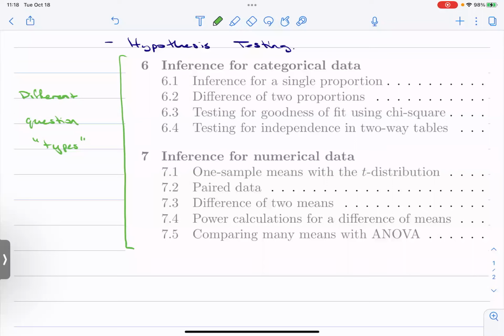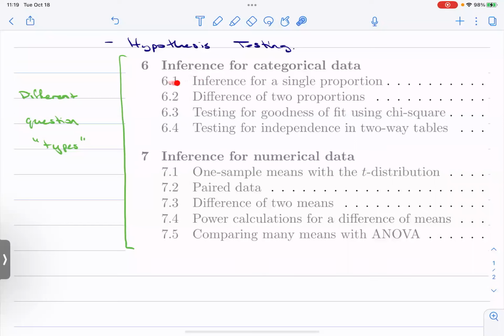So in chapter 5, we introduce all these concepts using inference for a single proportion. Okay. So chapter 5 is basically 6.1, but in slow-mo, right? So we kind of go through it, we pick it apart, and then we kind of review it in 6.1, right?